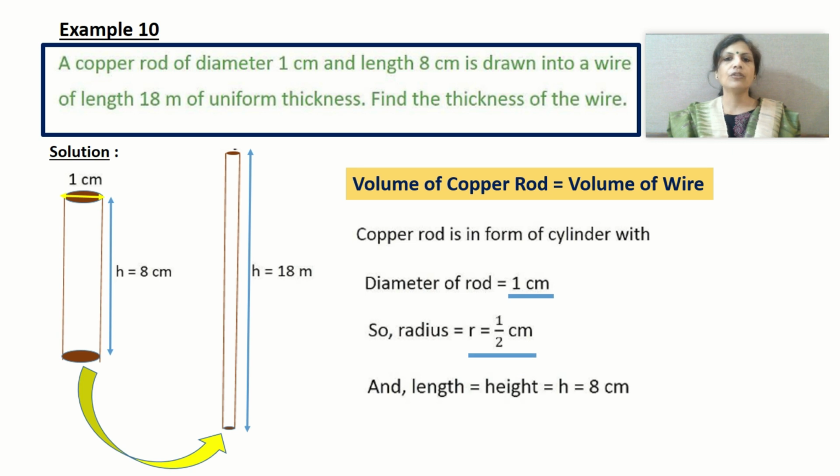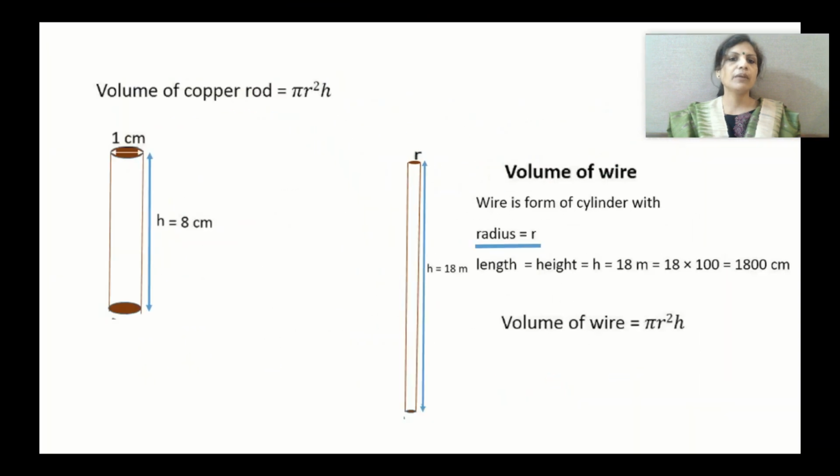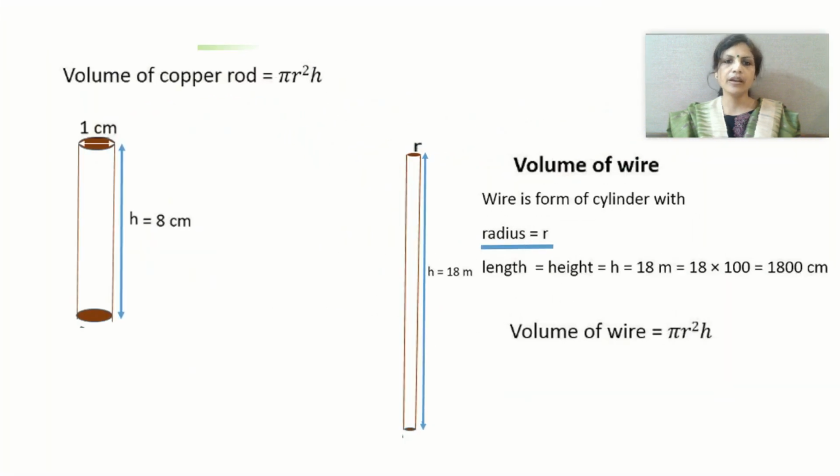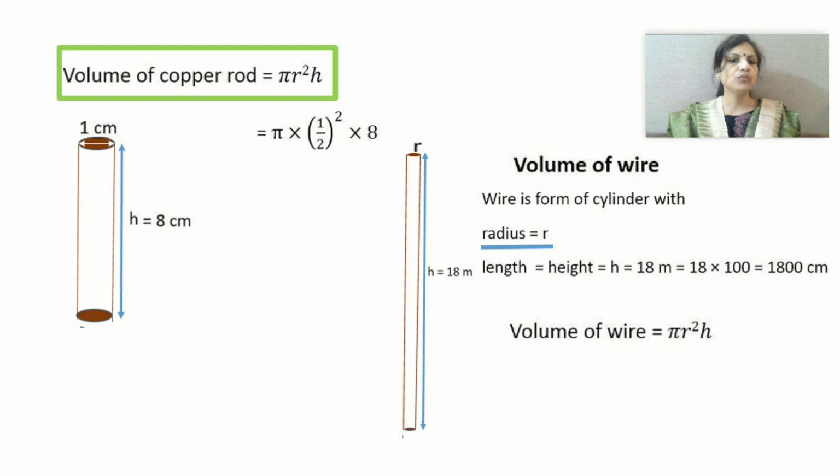The height of the rod is 8 centimeter. So now it's easy for us to find its volume because we have all the values here. So volume of a copper rod is given by the formula pi r square h. Let's substitute the values. So it is pi into (1/2) whole square into 8.